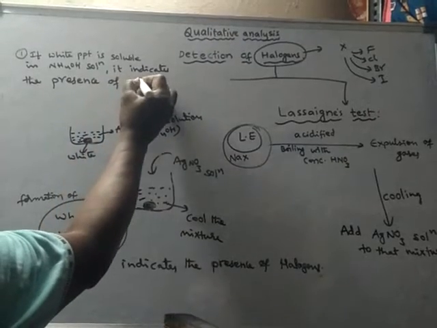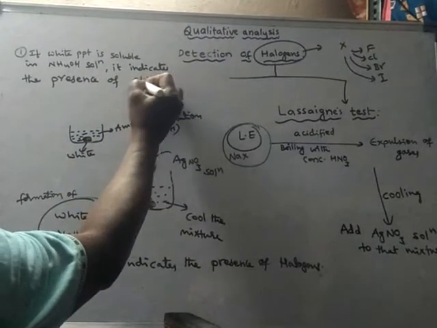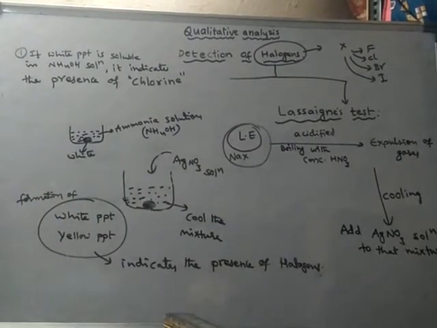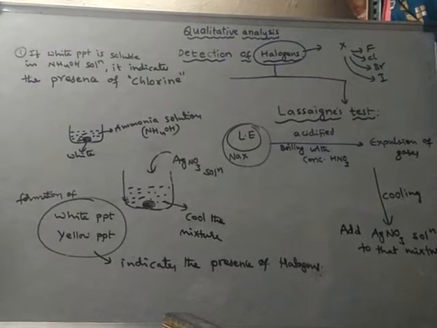The presence of halogen chlorine. So a white precipitate is formed when chlorine is present in the compound.